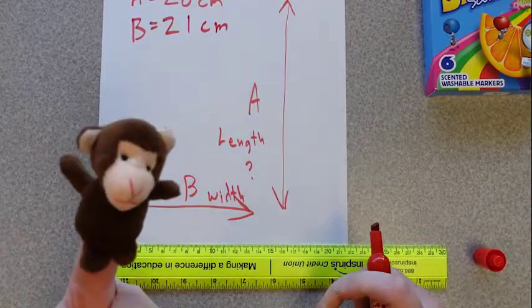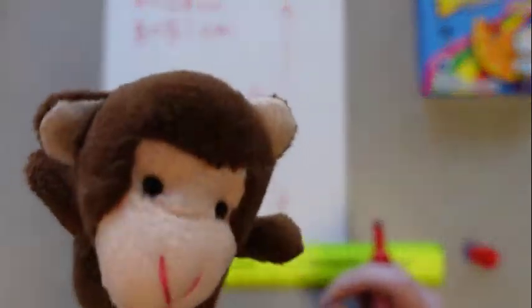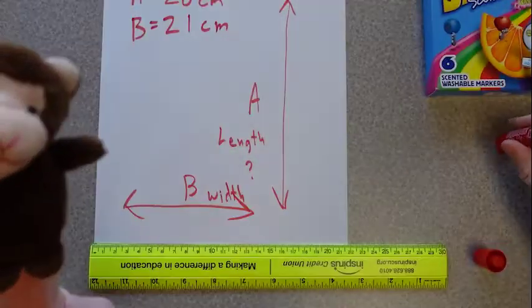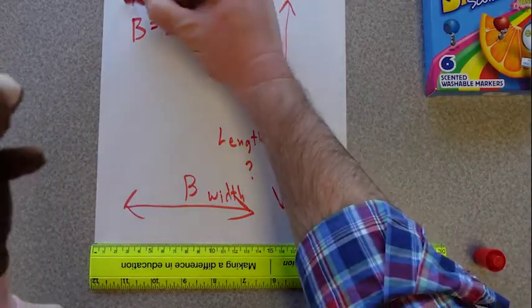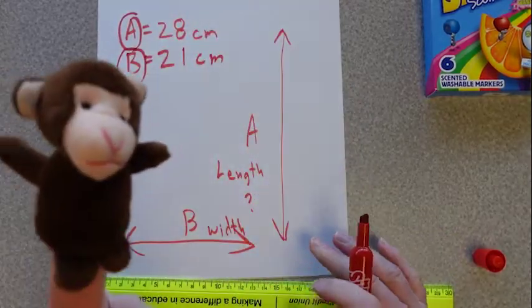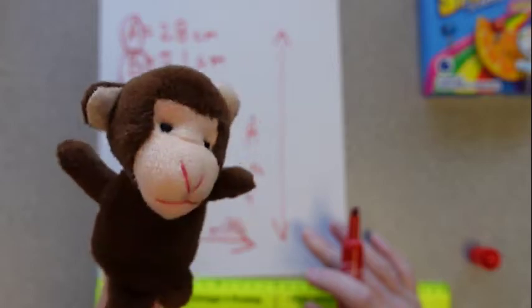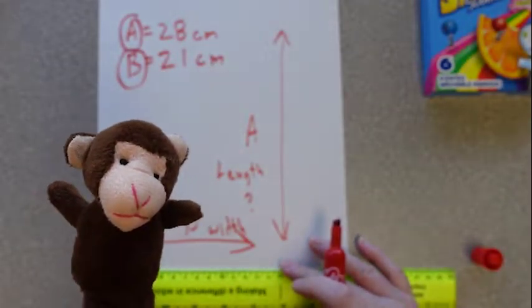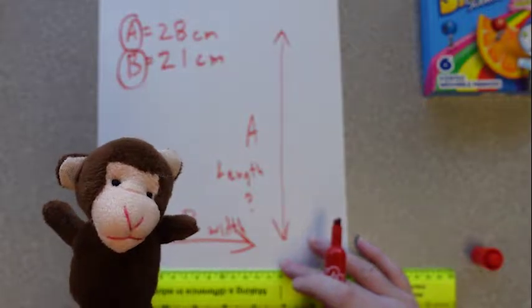So, Mr. Monkey, now we have a problem. Yes, Mr. Corcoran. How much longer is side A than side B? Well, Mr. Corcoran, gee, I don't know. I'll have to figure it out. What do you think we should do first, Mr. Monkey?